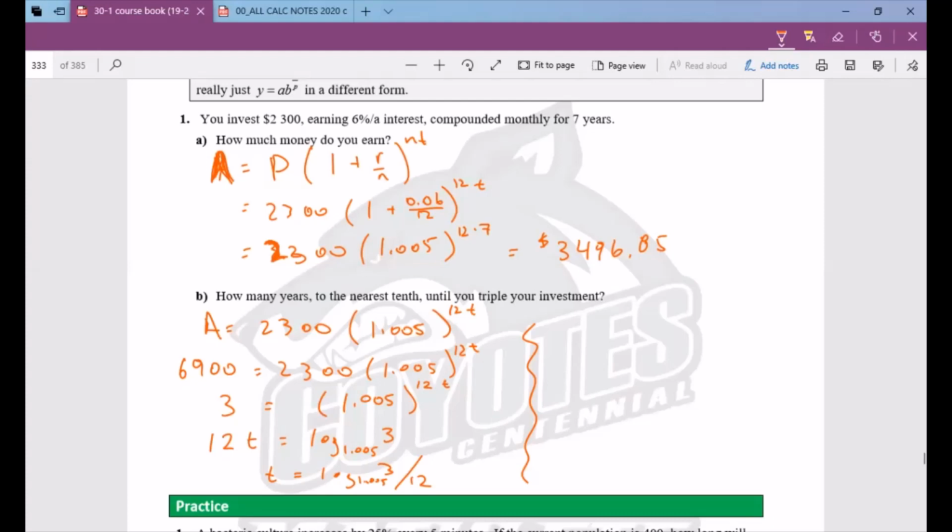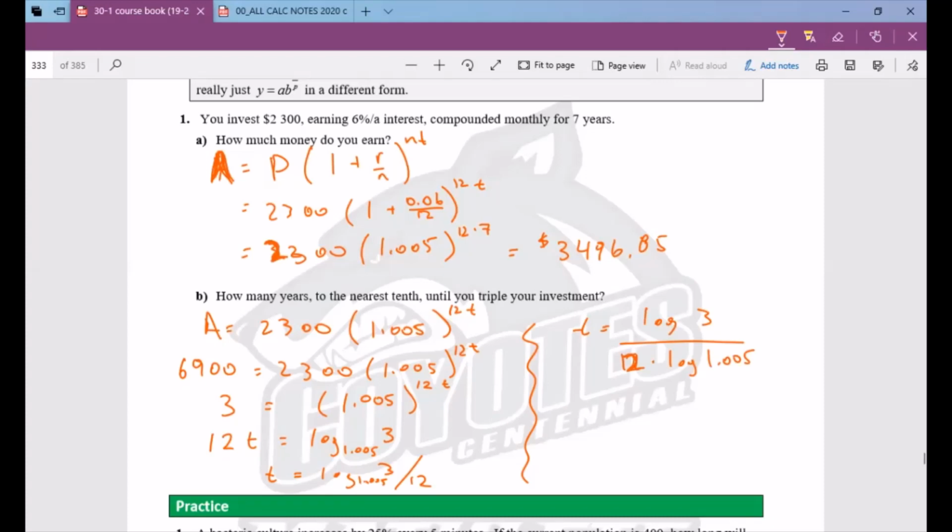If not, what you might have to do is t is equal to log 3 divided by log 1.005 and use base 10 logarithms. And then also in the denominator is 12. So as an exact value, log 3 over 12 log 1.005.